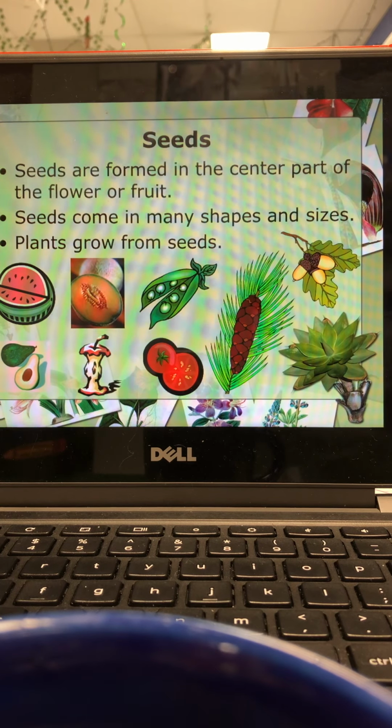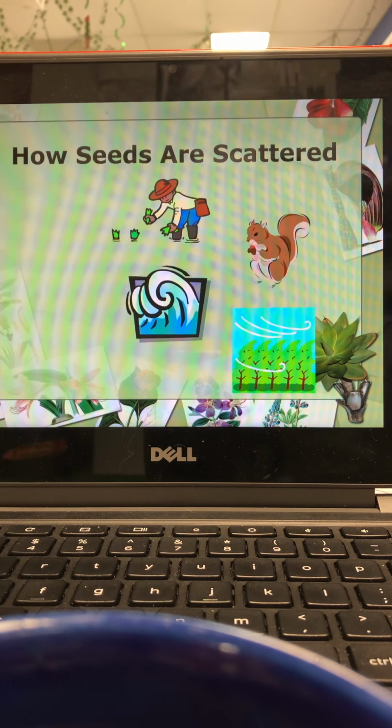So we're going to focus a little bit on seeds, but I do want you to know that seeds are definitely scattered in different ways. When you look outside and you see those flowers and the plants, flowers that look beautiful, plants that you can eat, vegetables, things that grow, I want you to keep in mind how seeds are scattered.